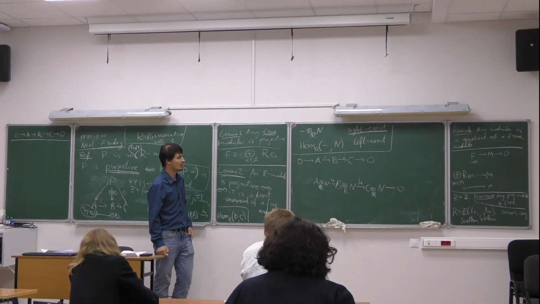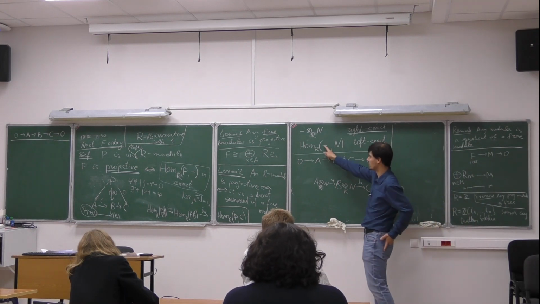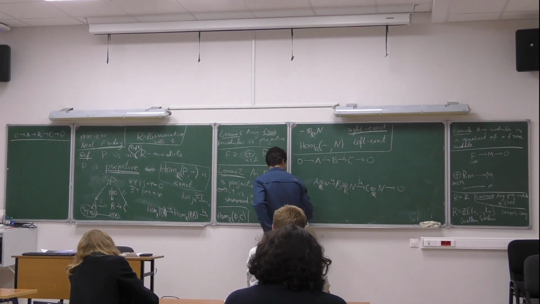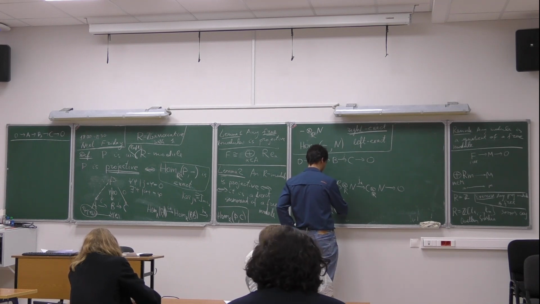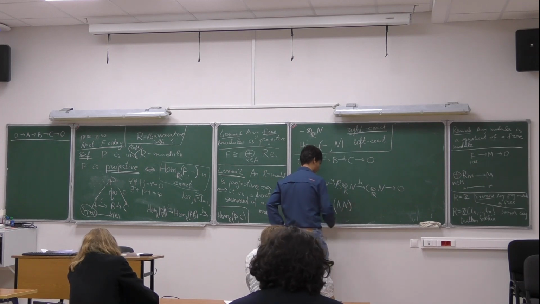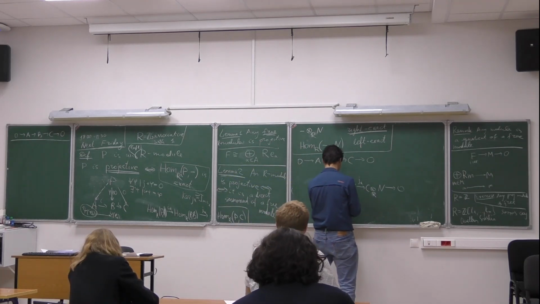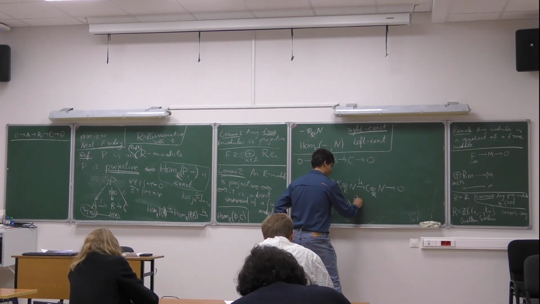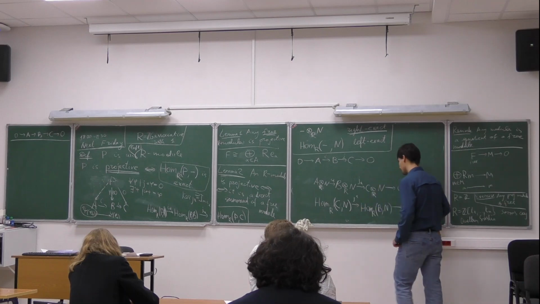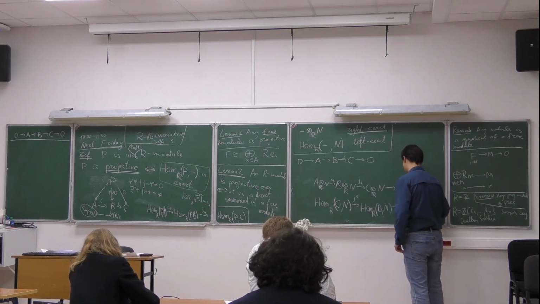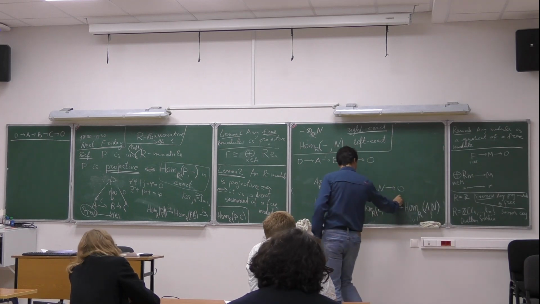And left exactness means that this functor is contravariant, and here we have Hom from the modules.